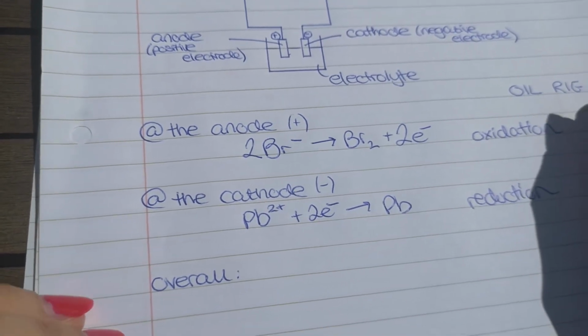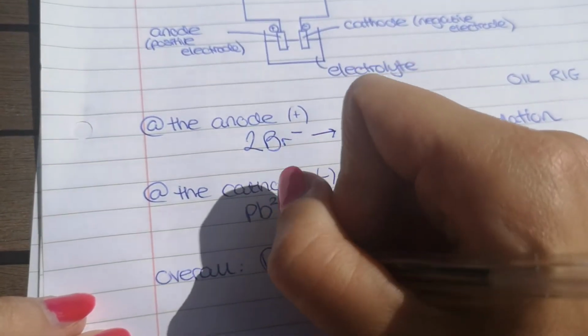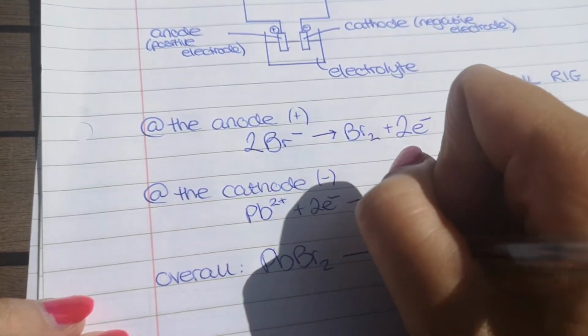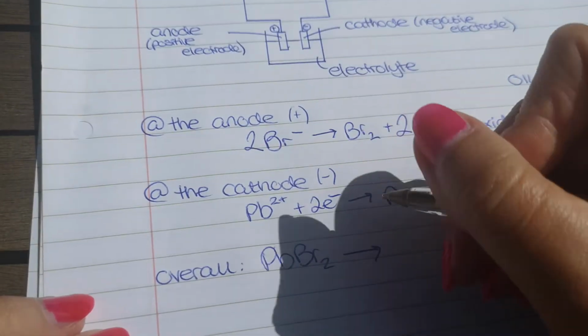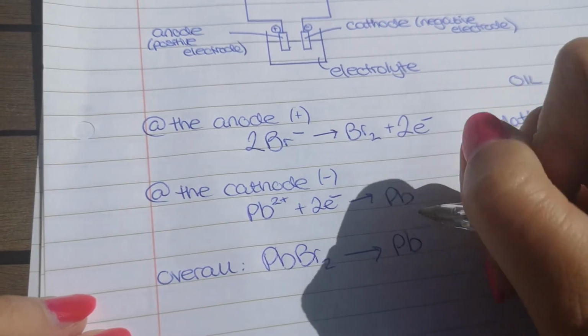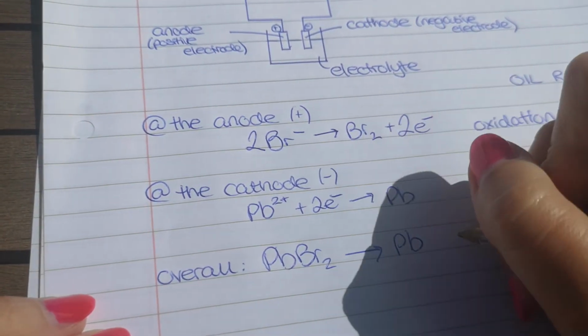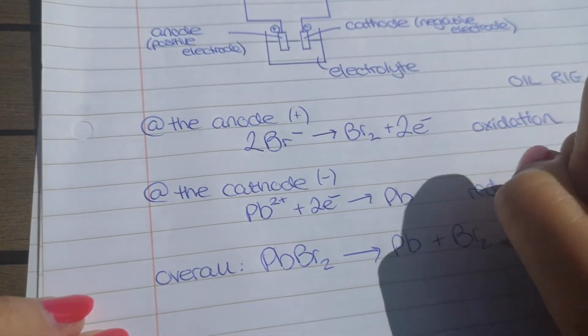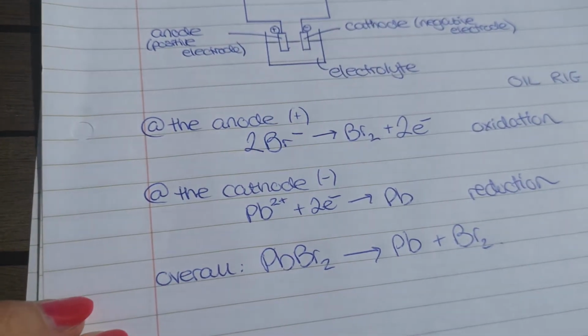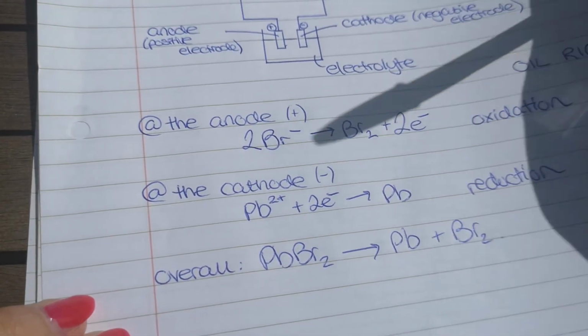And you can see that overall we started with PbBr2, and what we've actually formed is this Pb here at the cathode, and at the anode we've formed the Br2. So that would be your overall equation for what's happening there in that electrolysis reaction.